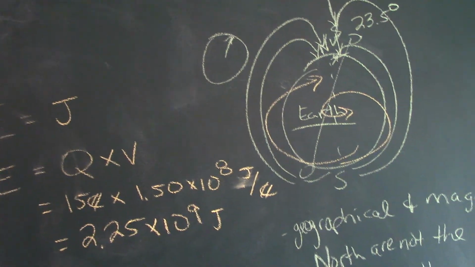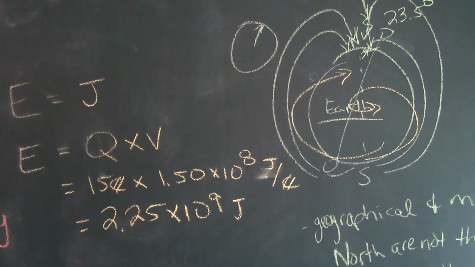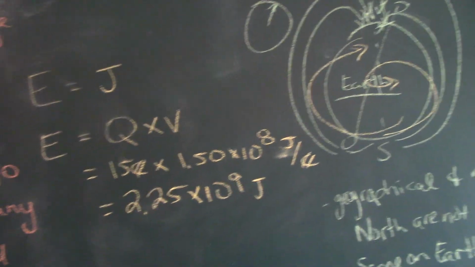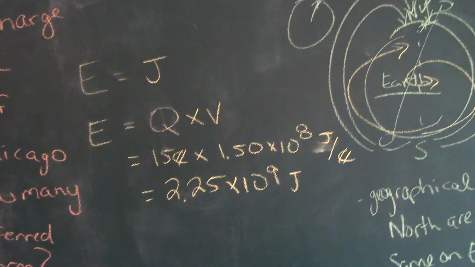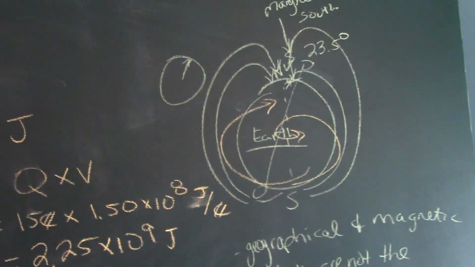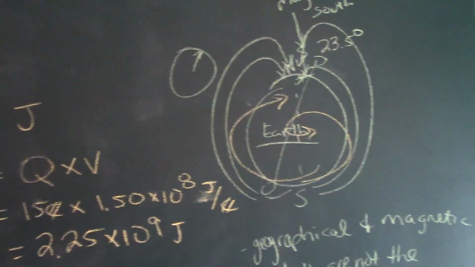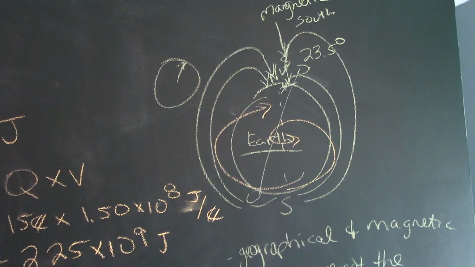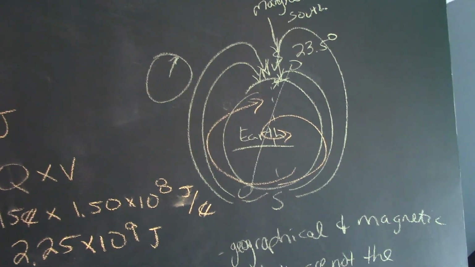We can see layers of it where the iron is oriented in a certain direction as a ferromagnet. And we know the poles flip because the orientation of that iron core in those geological layers flips every couple 100,000 years.